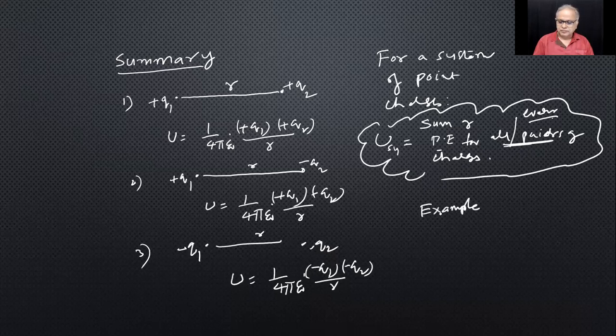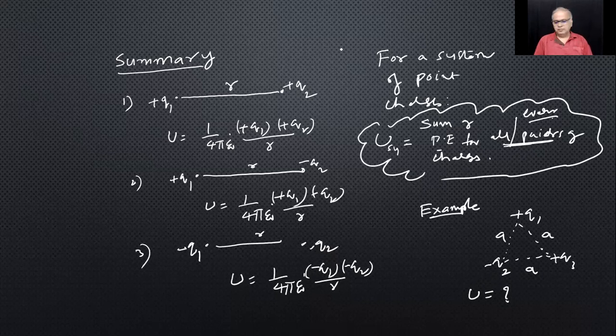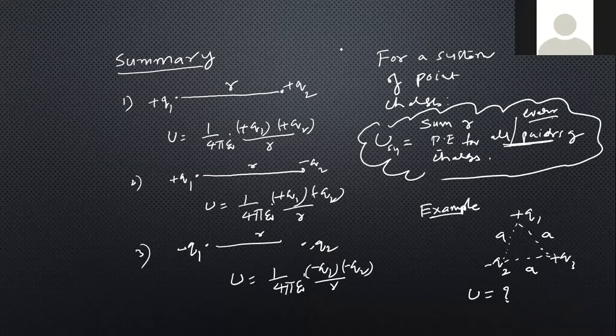Right? So immediately one can go for an example here. Like I have plus Q1, minus Q2, plus Q3 at the vertices of an equilateral triangle of side A. So U equals how much? It will be for 1-2, 2-3, and 1-3.